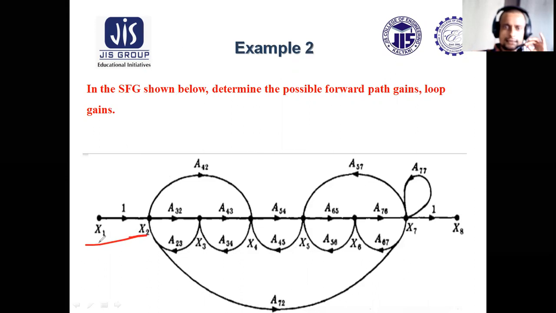X1, as X1 has only outgoing branches. X1 does not have any incoming branches. That is why X1 is the input node. Similarly, X8 is the output node. So what are the paths connecting X1 and X8? This path connects X1 and X8. So there is one possible forward path.